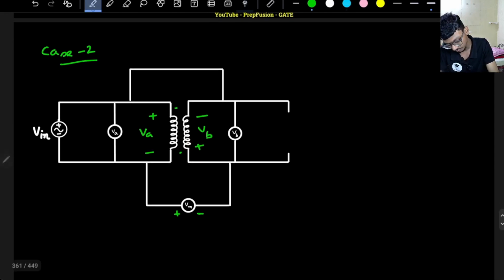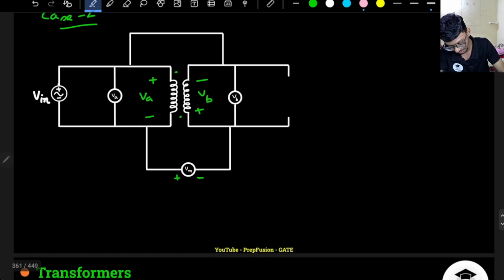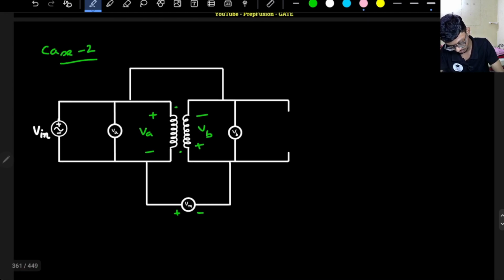I can directly say here that again if I apply the KVL, this will be minus Vm minus Va minus Vb equals 0.